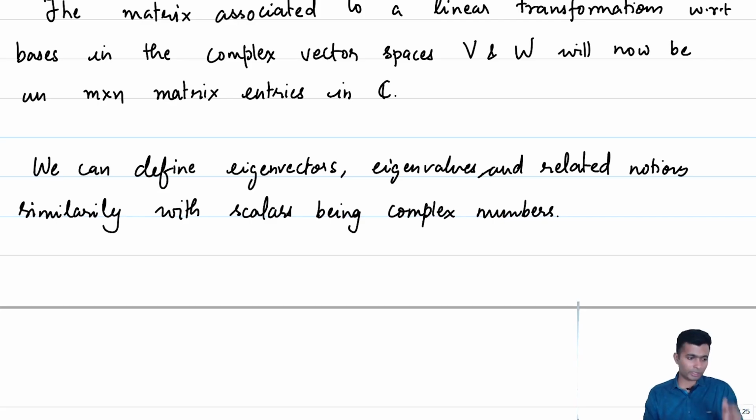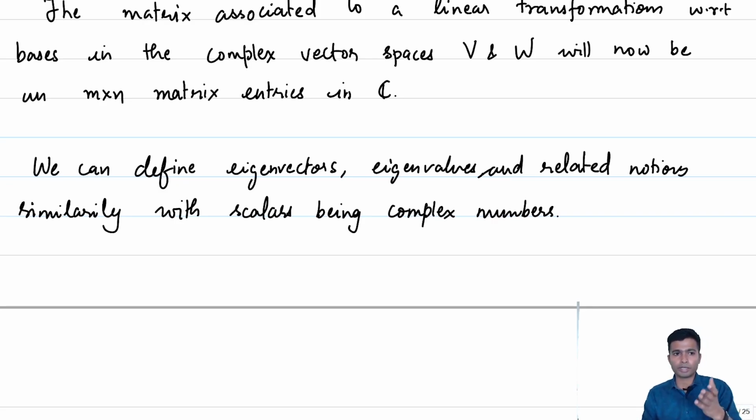For example, if our linear operator is on a vector space V over C, then the characteristic polynomial will be an n degree polynomial over C. And complex numbers have an added advantage compared to the real numbers: any polynomial should necessarily split into linear factors. That is not necessarily the case in R.